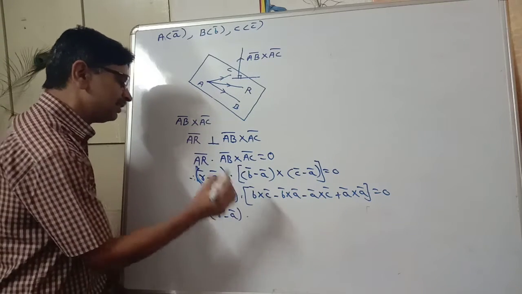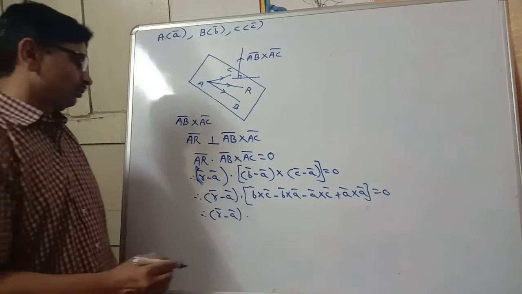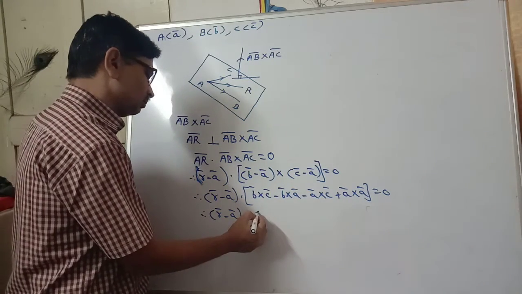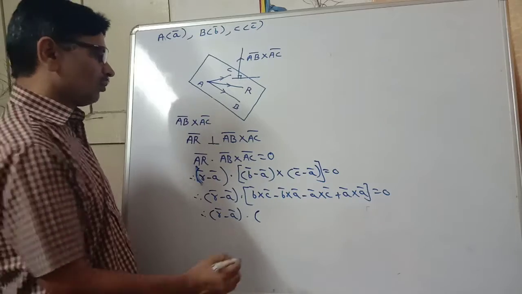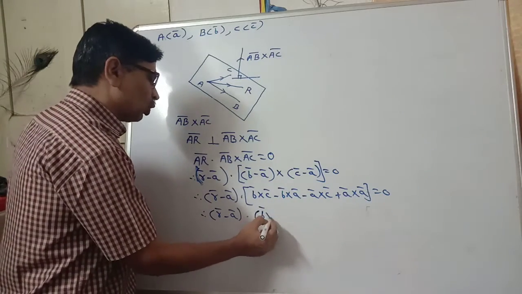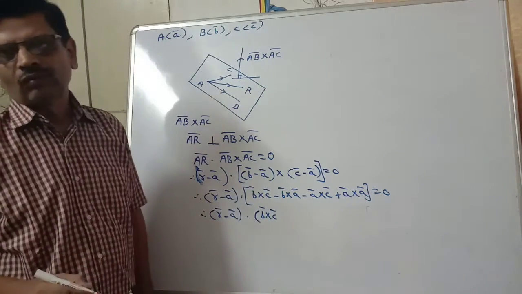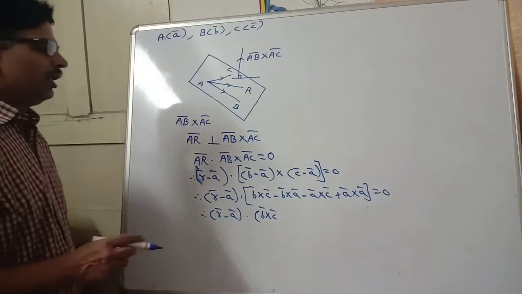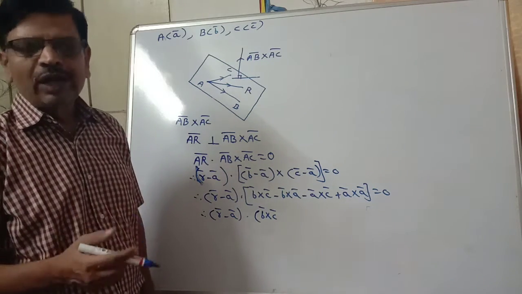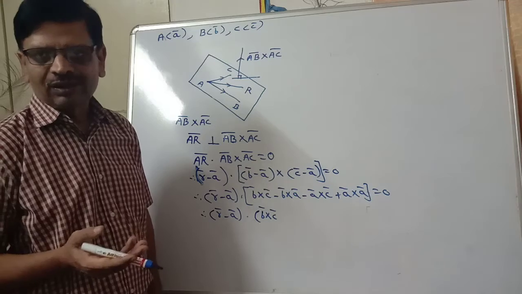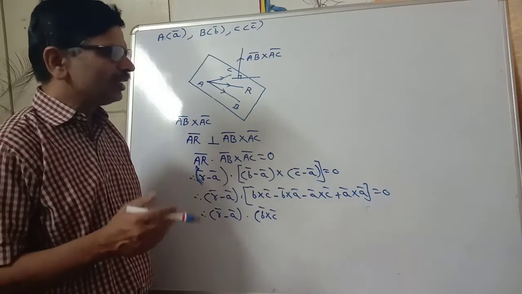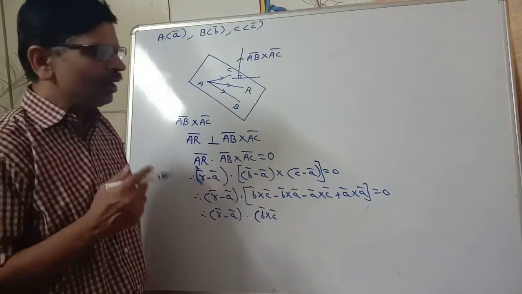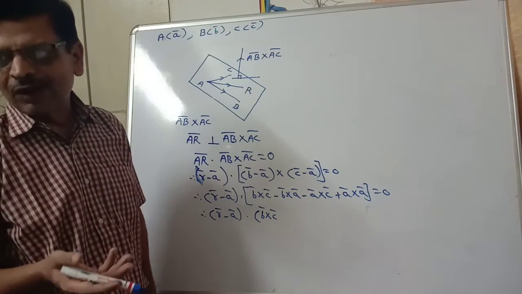R bar minus A bar dot B bar cross C bar. In cross product, order of vectors is important. Dot product, order of vectors not important. A bar dot B bar same as B bar dot A bar.